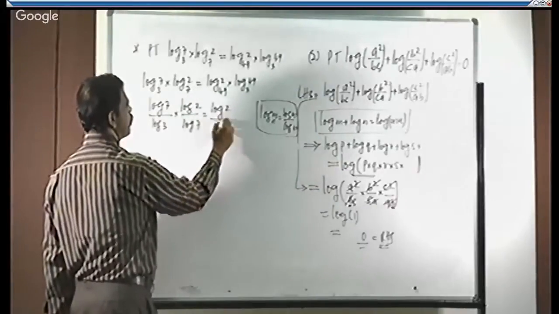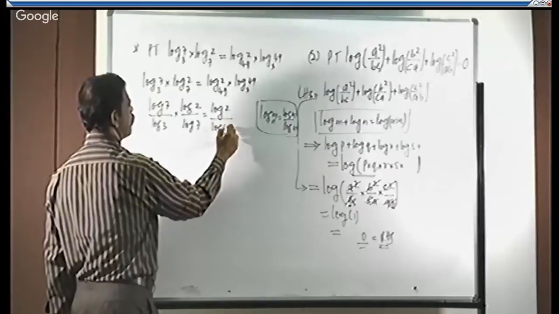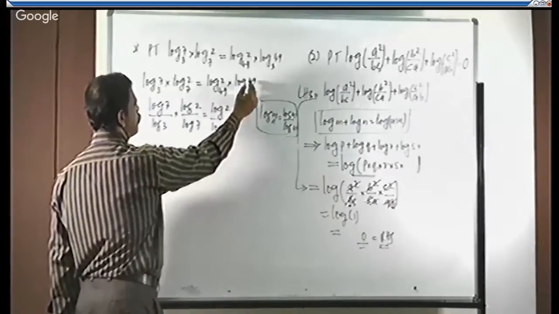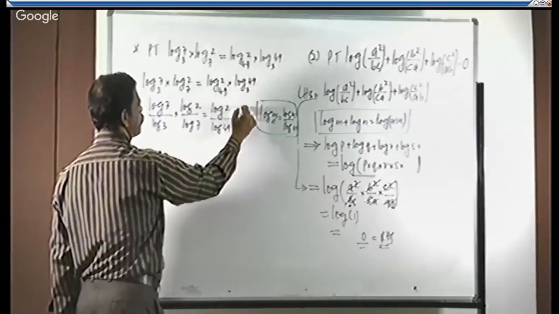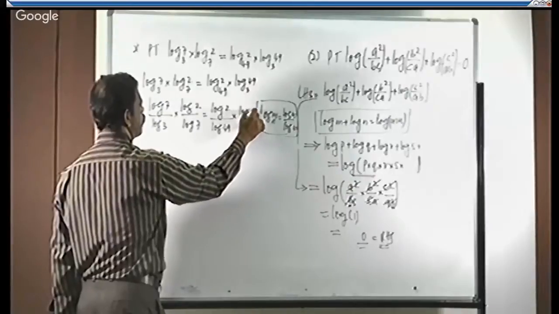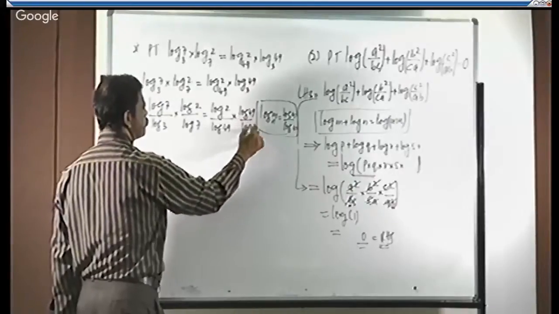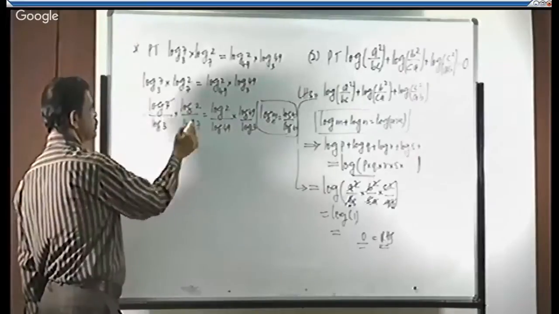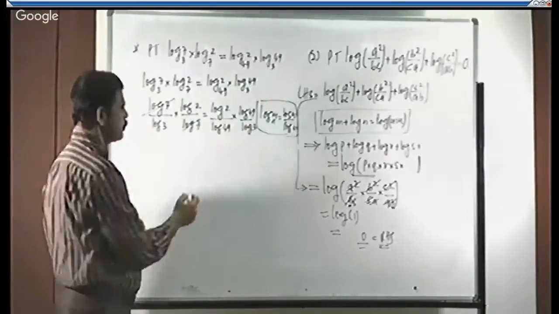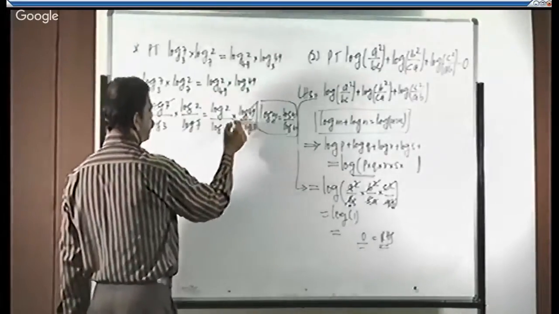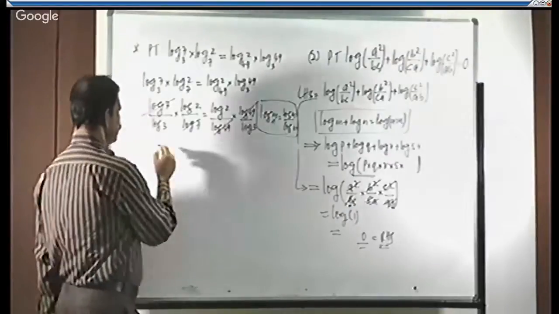Log 2 divided by log 49 into log 49 by log 3. So log 7 gets cancelled. Log 49 gets cancelled.